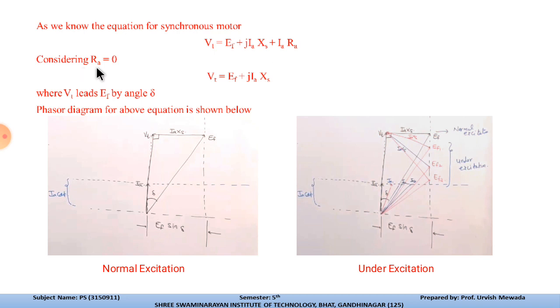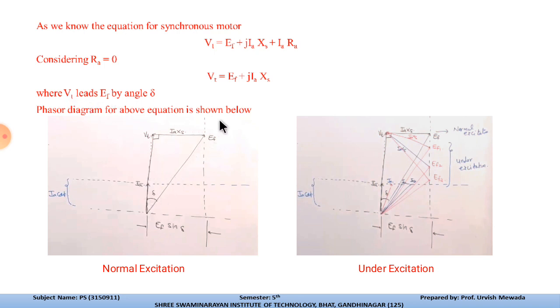Now considering Ra equal to 0, because we are neglecting the armature resistance, the equation becomes Vt equals Ef plus Ia jXs, where Vt generally leads Ef by an angle delta.